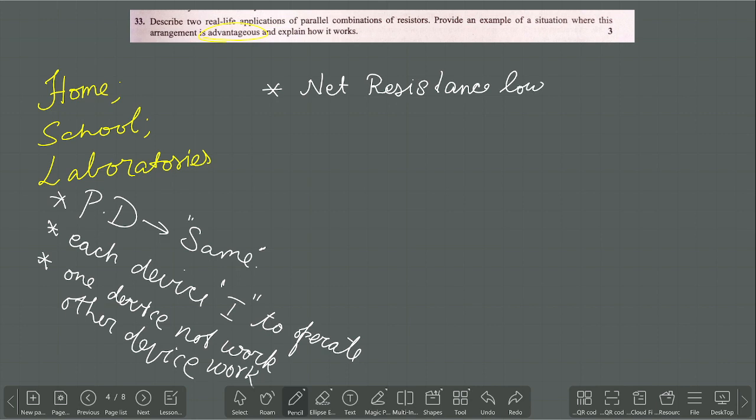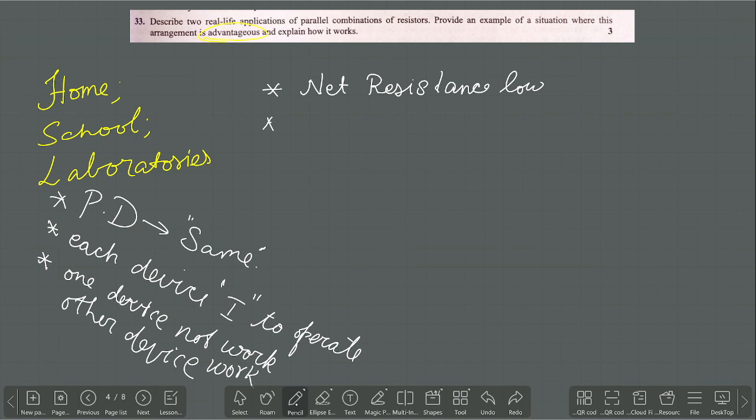Clear? Any other advantages apart from these four? One, potential difference will remain the same, and each device takes the appropriate amount of current to operate. If one device is not working, the other devices will work, and net resistance will be low.